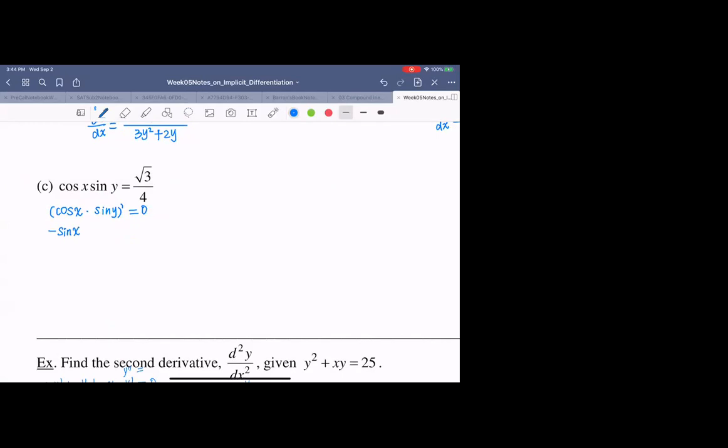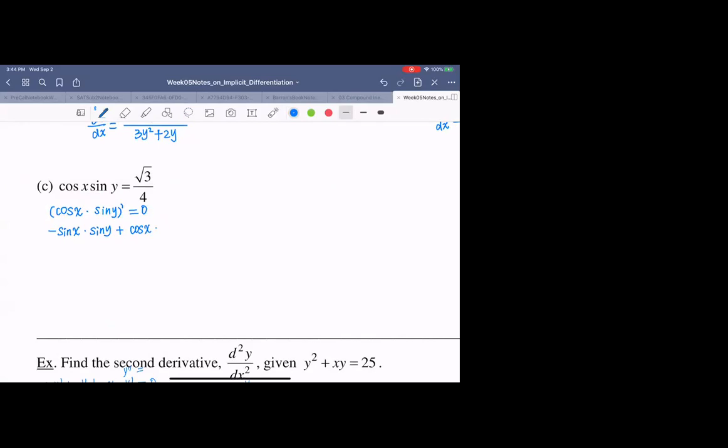The derivative of cosine x is negative sine x times you copy down sine y, right? Yeah. And then you plus, you copy down cosine x. Then you times the derivative of sine y.